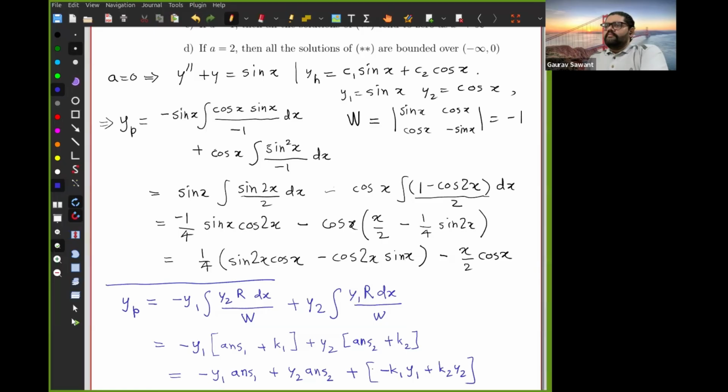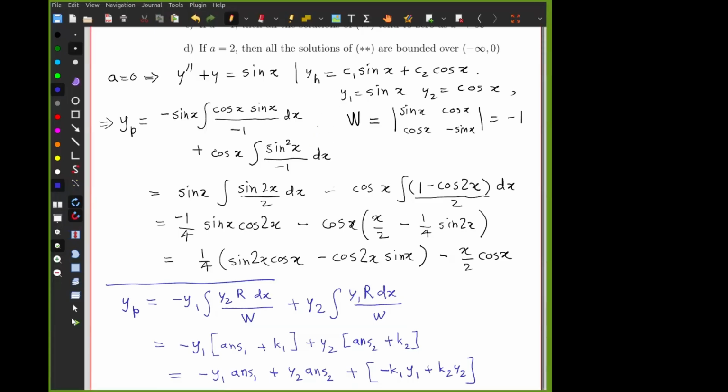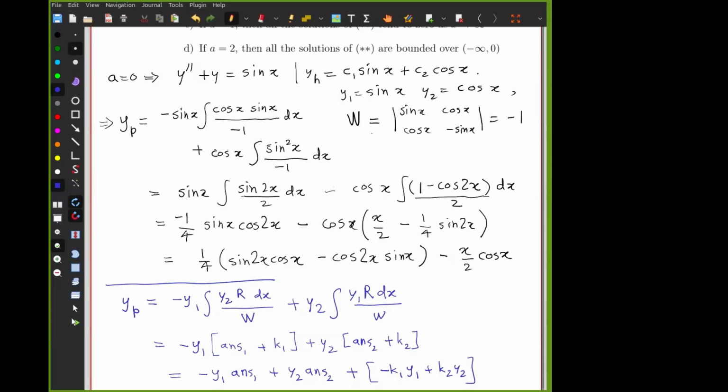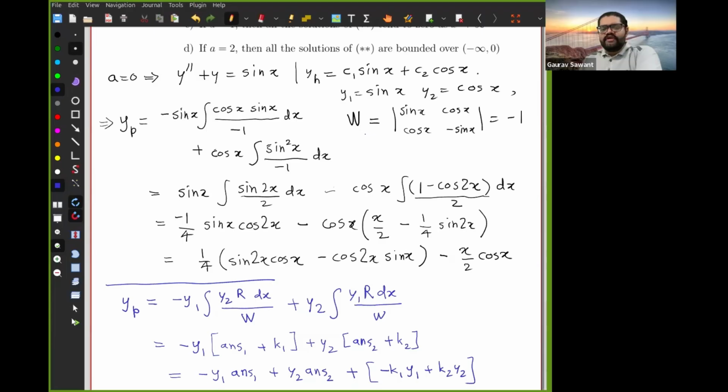But then the second bracket is essentially a solution of the associated homogeneous equation, because y1 and y2 are linearly independent solutions, and k1 and k2 are just constants. So this bracketed term is again a solution of the homogeneous equation, and that will get consumed in the homogeneous solution that is already inside YH. So that is why we absolutely don't need to worry about that appearing in the particular solution.